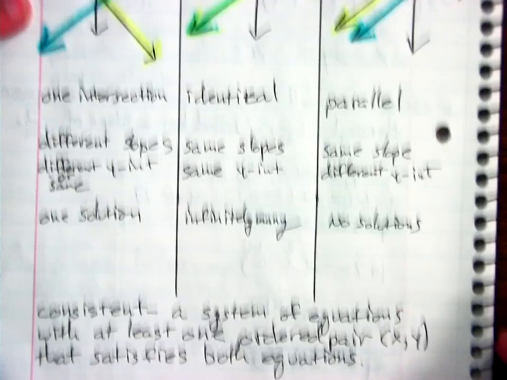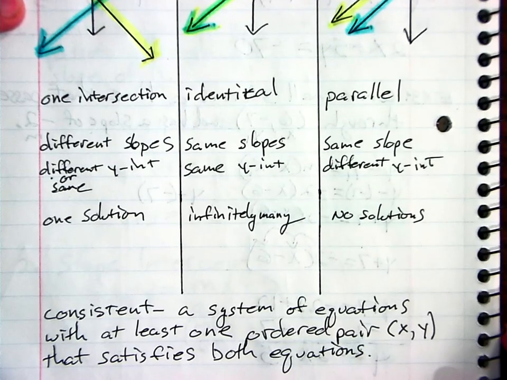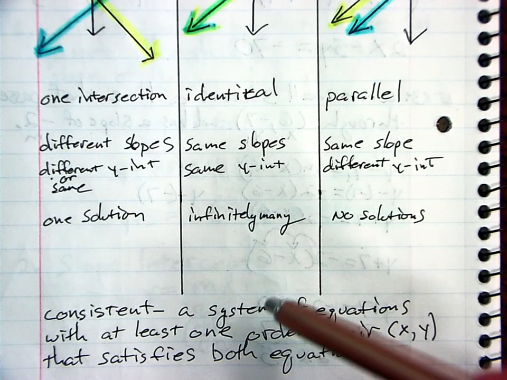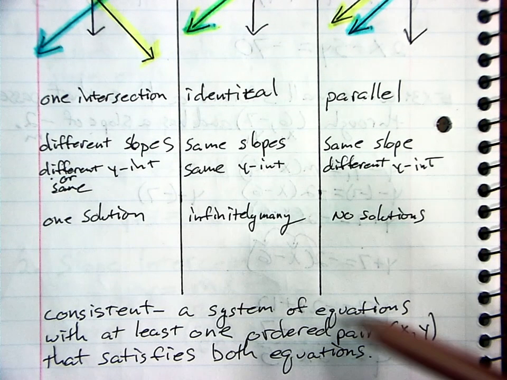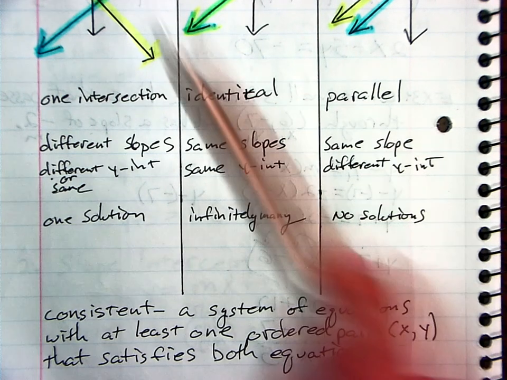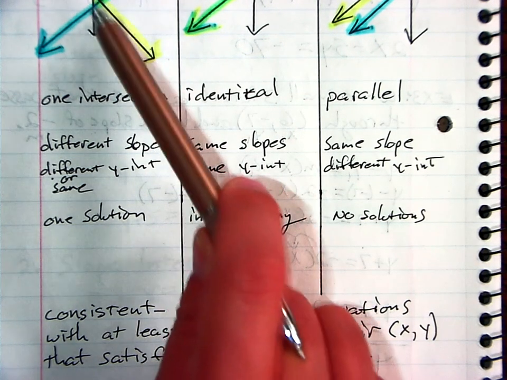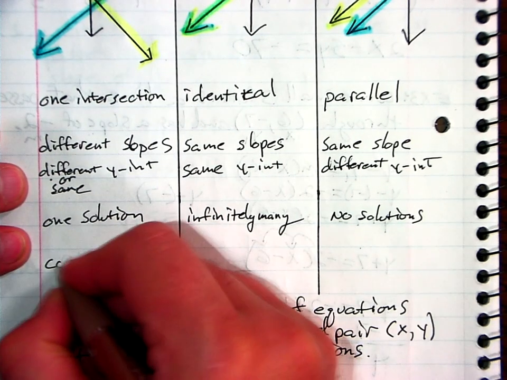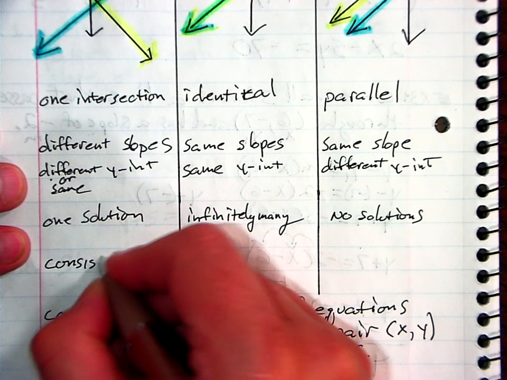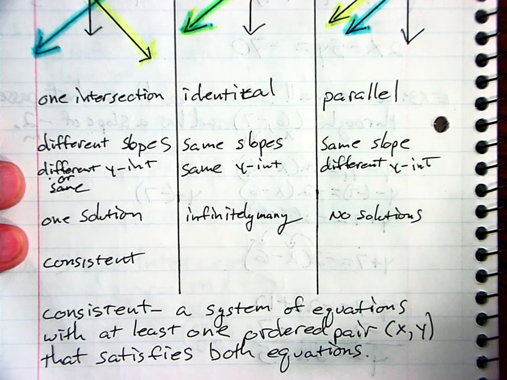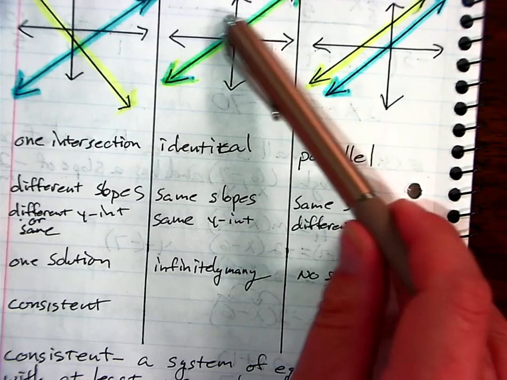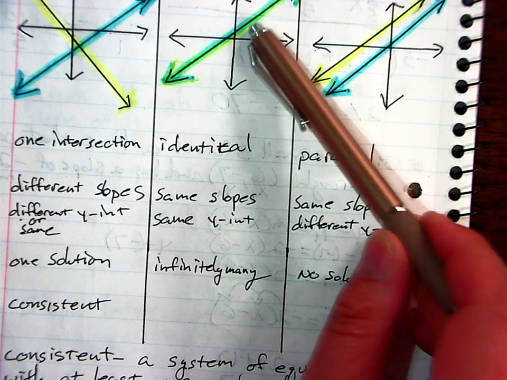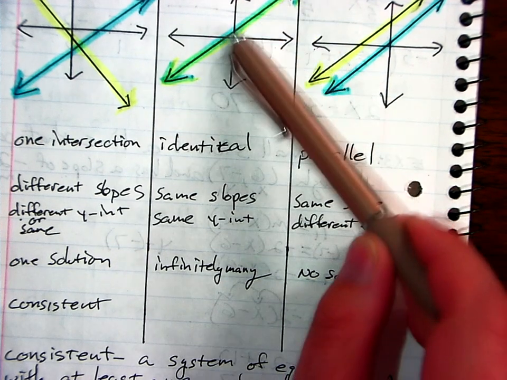Our first graph crosses one time. So consistent says a system of equations with at least one ordered pair that satisfies. Is there at least one ordered pair that satisfies this? Yes. So this one is consistent. Our middle graph, is there at least one point that is shared by both lines?